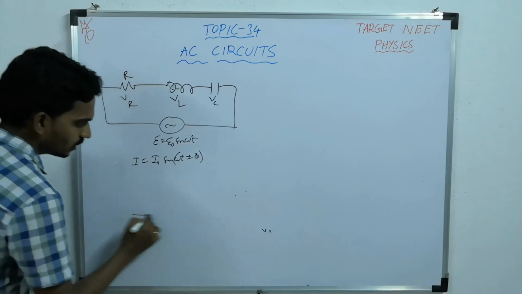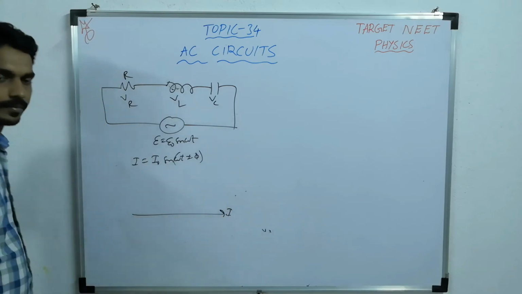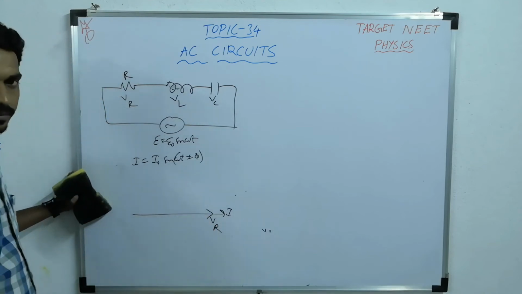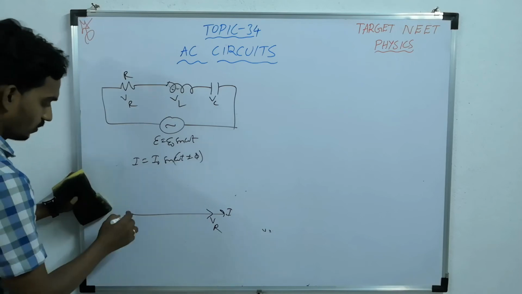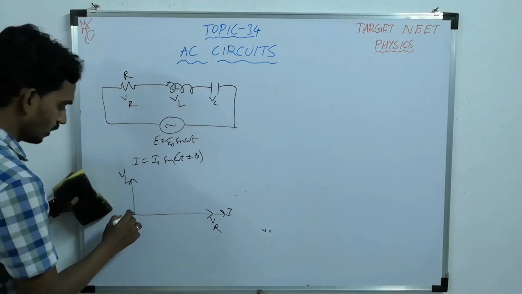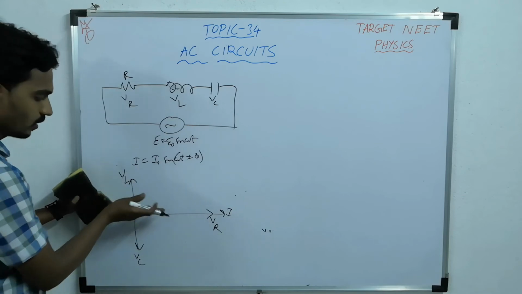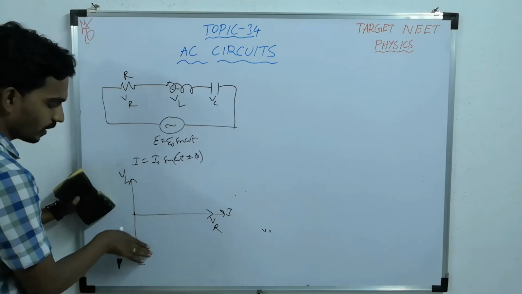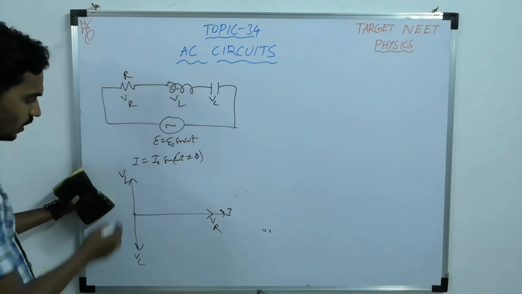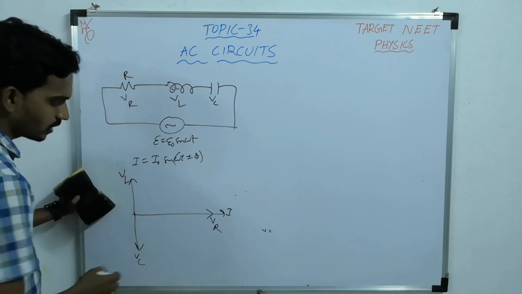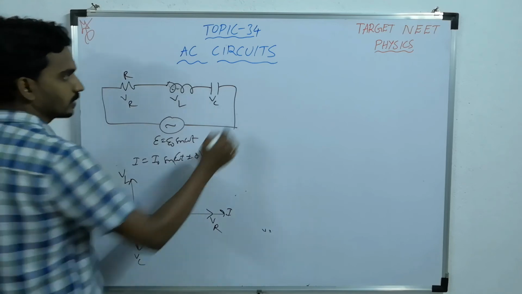Now if you consider current, then this should be VR, no phase difference. Now this should be VL, this should be VC, because in case of inductor voltage dominates, in case of capacitor current dominates. If this dominates VL minus VC, if this dominates VC minus VL, take any one case.